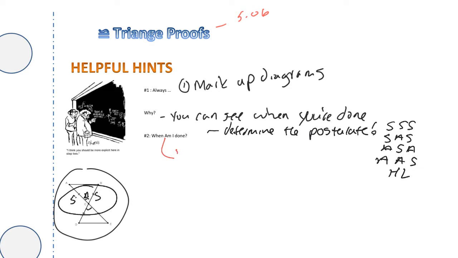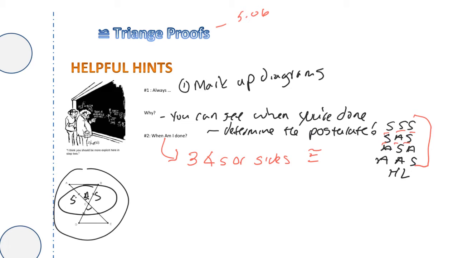So you know when you're done, if you look at all of these, they all have three angles or sides that are equal. So three pairs of sides, two sides and an angle. You need three things. That's when you know you're done.